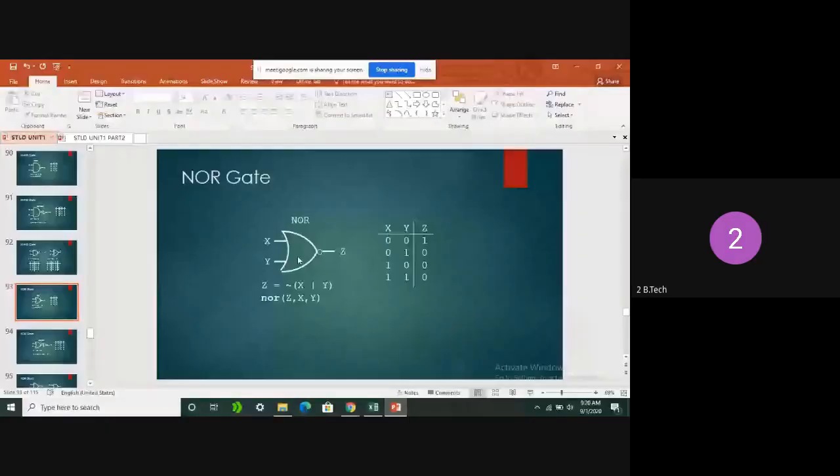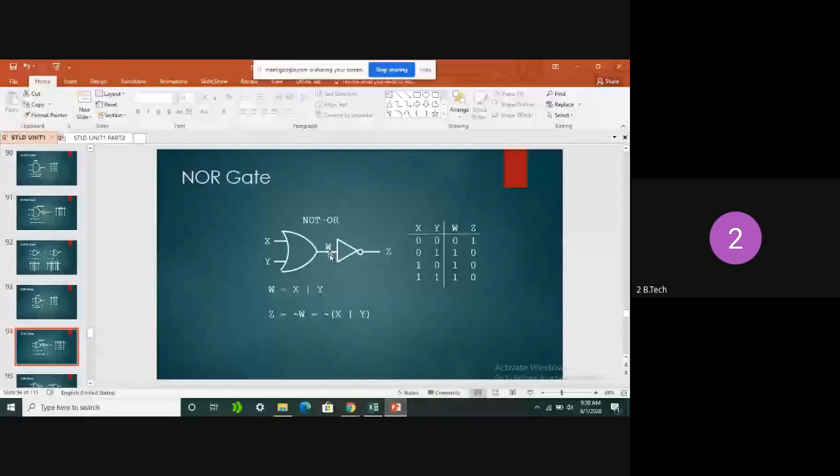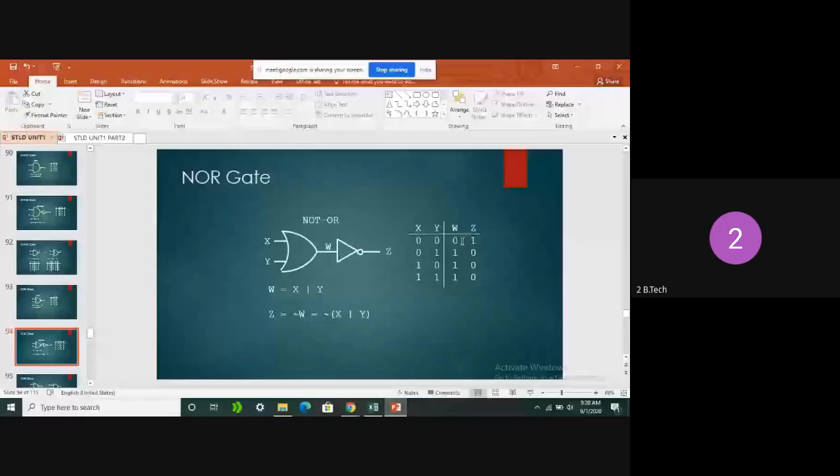See here, for the OR gate, what we have observed. This is the OR gate. W is the output from the OR gate. Let us check yesterday's discussion. If both inputs are zeros, then the OR gate output is 0. If any input is high, or both inputs are high, the OR gate will produce a high output.